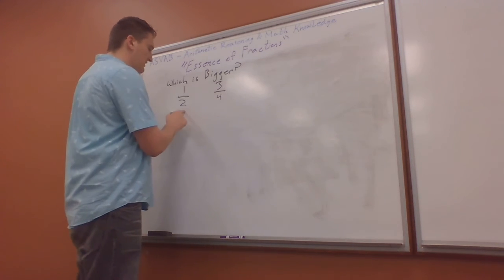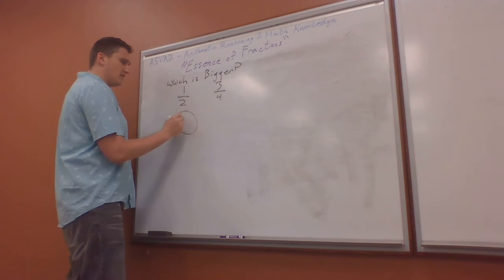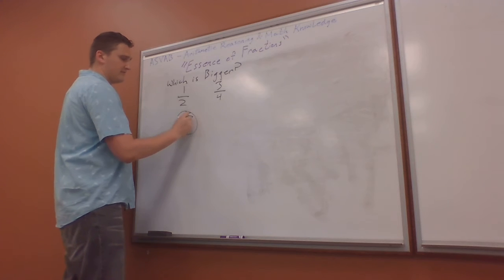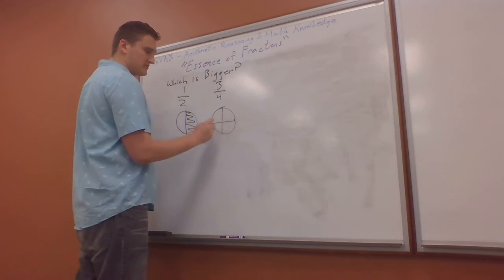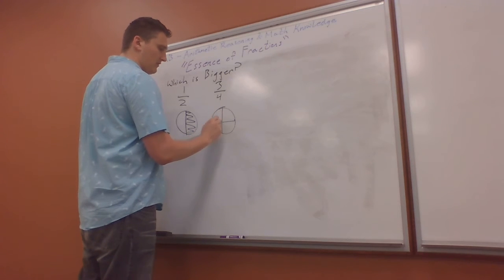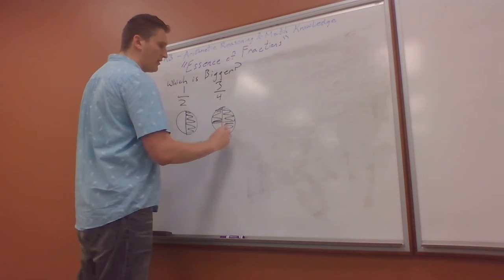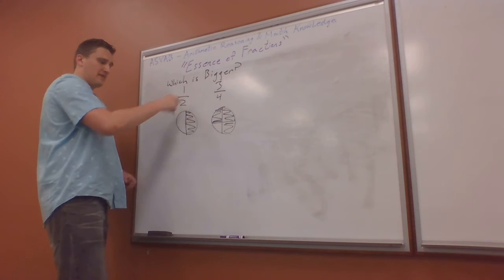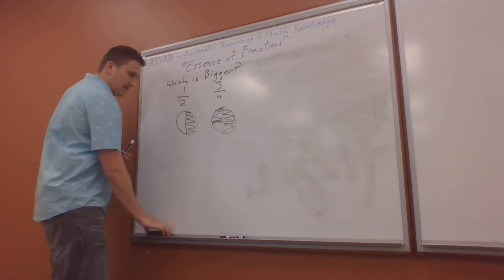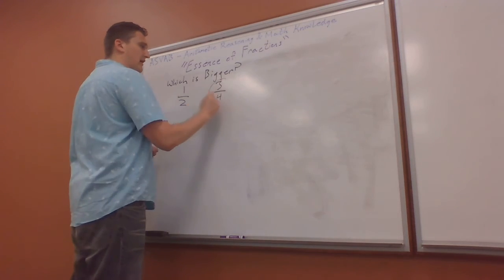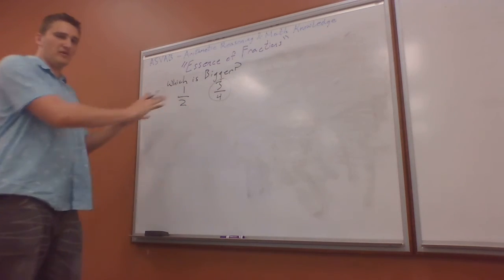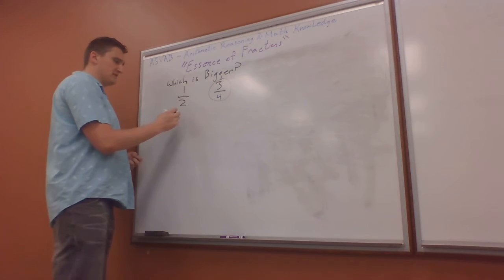Well, if I represent this on a ball here, 1/2 is about that much. 3/4, cut it into fourths, and I do 1, 2, 3 of them. I can tell that's more than the half. So okay, I'm going to say that 3/4 is the bigger number there. But I don't want to do that every time. So let's go through a few more of these.